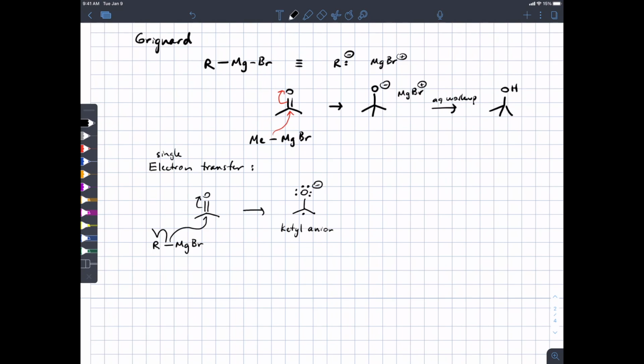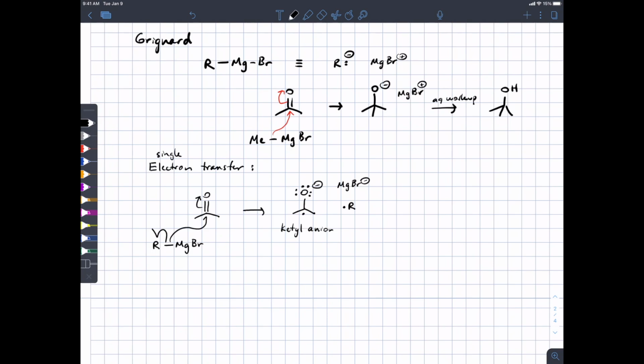And then keep in mind that we have solvent molecules all around, and it's taken a while for these two molecules to find each other. So the single electron transfer is fast, but at the same time, I mean to show the counter ion, and then the radical R group that was left behind is right there in the same solvent cage.